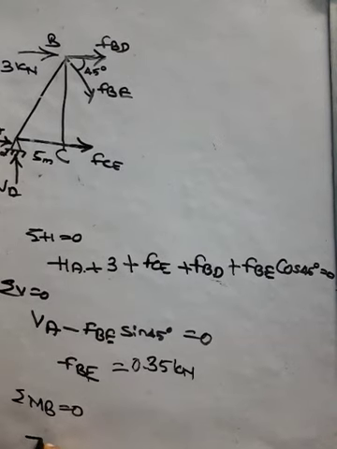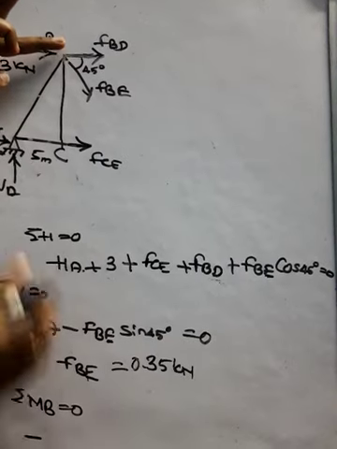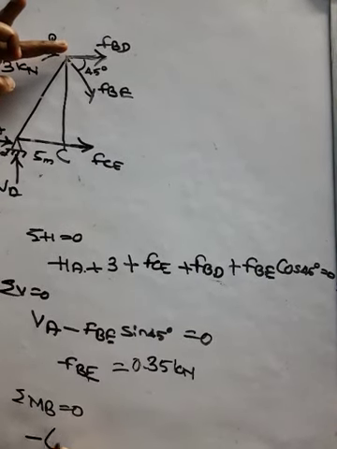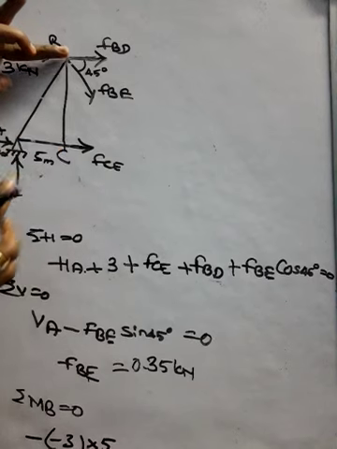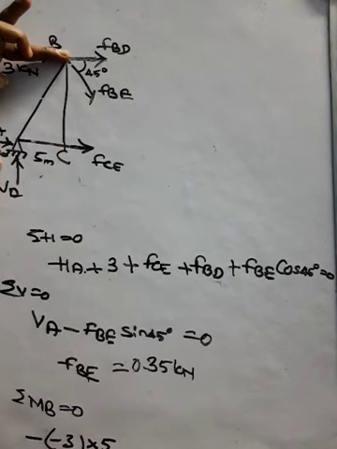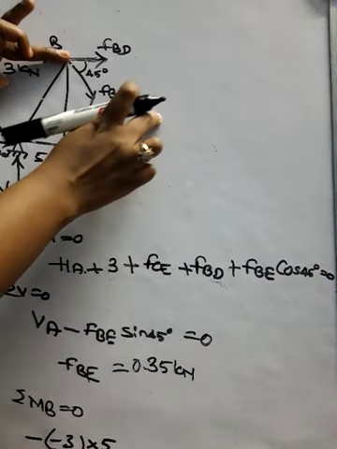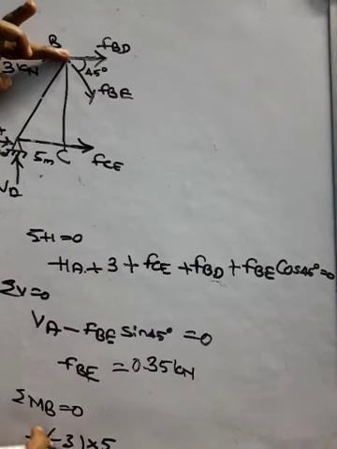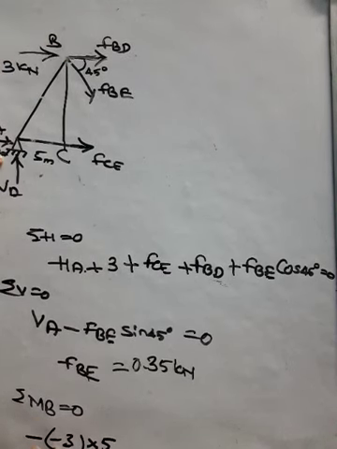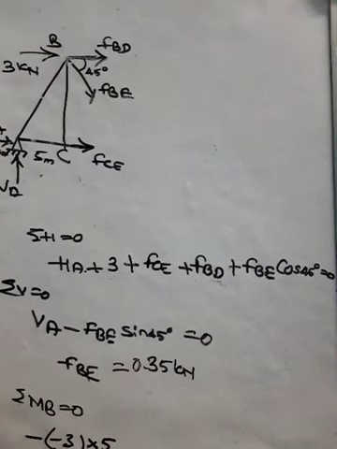About B, you have HA, which is actually minus 3, with perpendicular distance 5. This moment is anticlockwise in nature, which is why I have considered it negative.